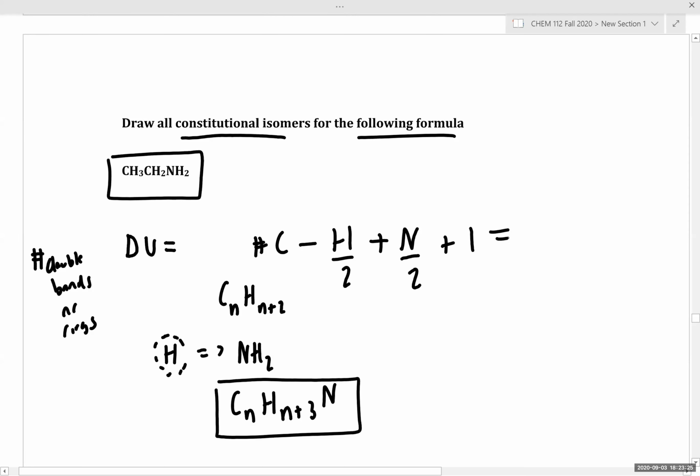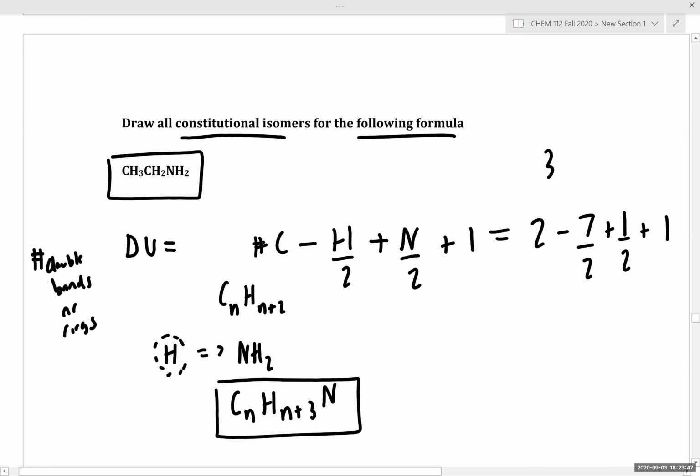So to show how this DU formula works, we have 2 carbons. We have 1, 2, 3, 4, 5, 6, 7 hydrogens, so we have 7 hydrogens over 2. We have 1 nitrogen over 2, and then we have plus 1. Okay?